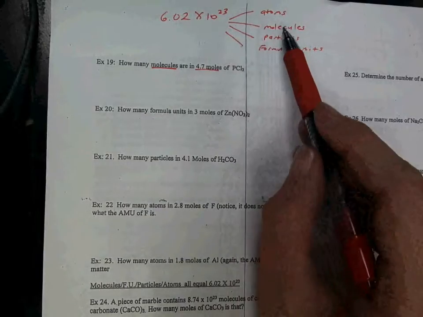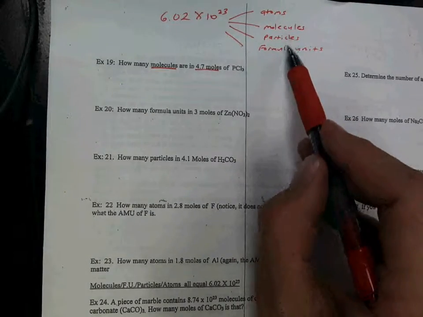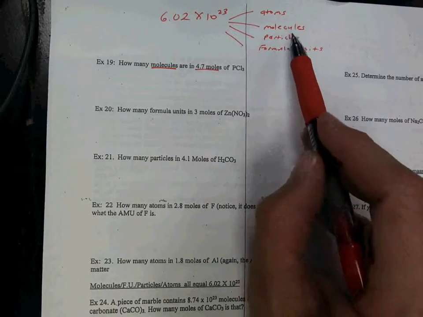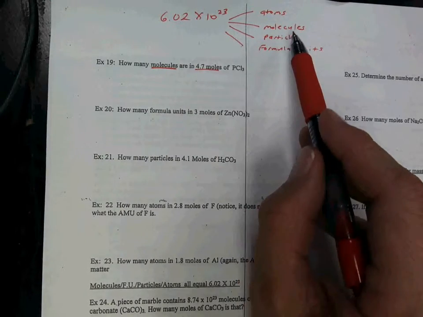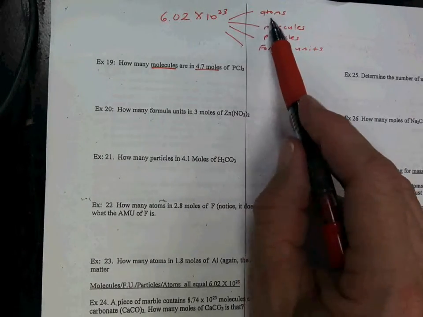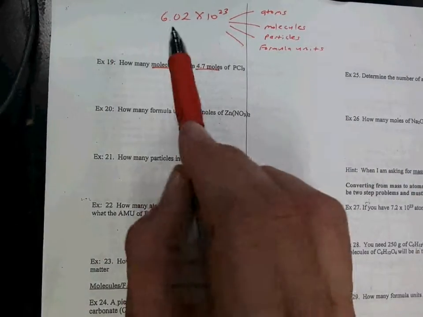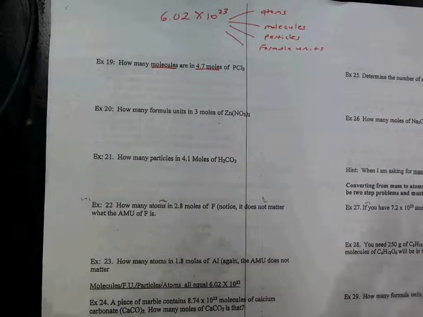And to be honest, I'm not really sure what the difference in these 3 are. They're just different ways of saying the same thing, but in chemistry we got to use as many words as possible to confuse kids, so that's what we do. And atoms is kind of the same thing. I mean, all of these go with this number, so to speak.